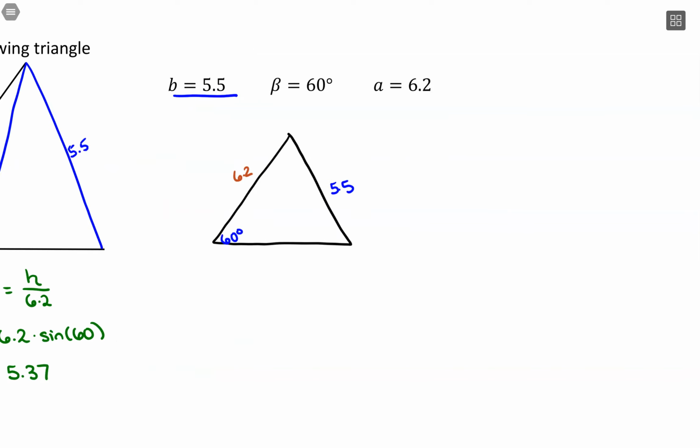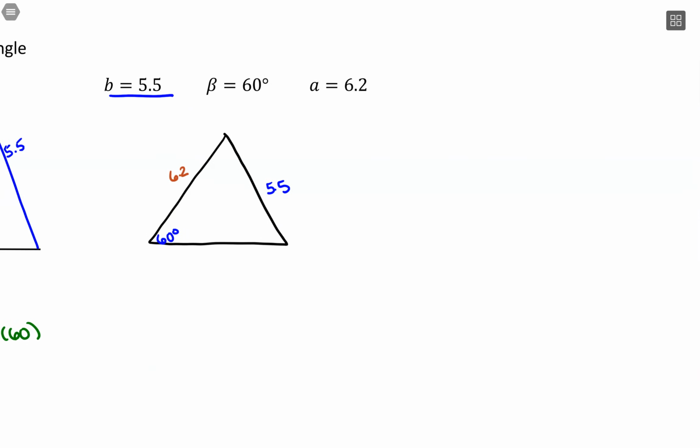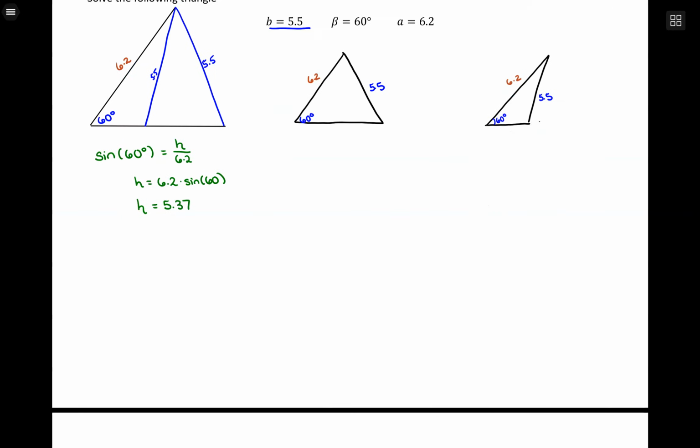And then we have the smaller triangle, and that's what I'll do second, which might look something more like this. So the 60 degrees, the 5.5, and the 6.2. And I'll even separate those up. And separate that. All right.